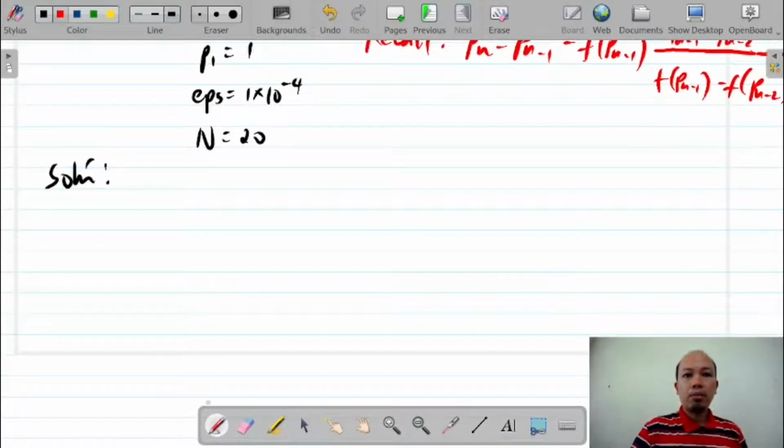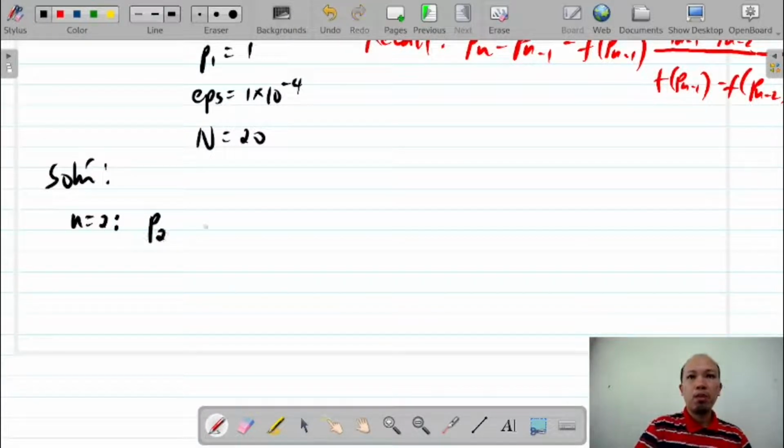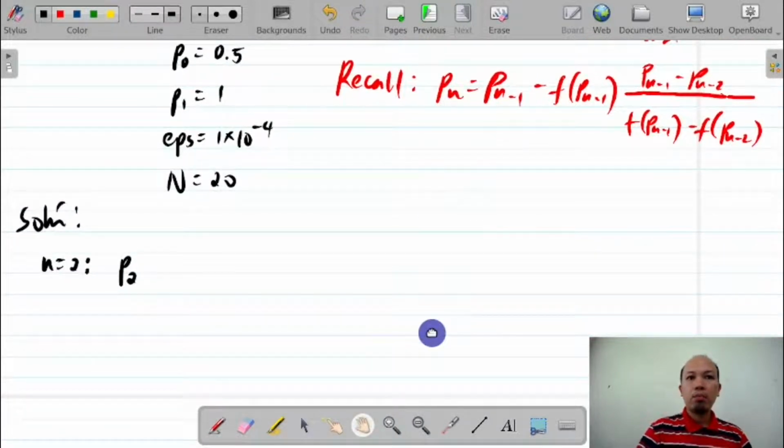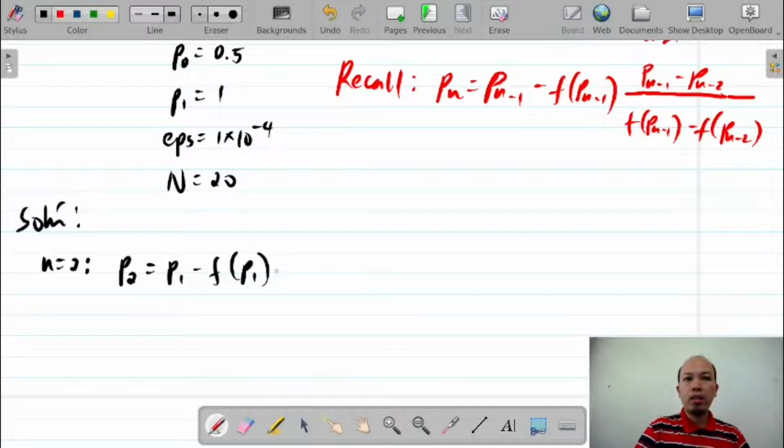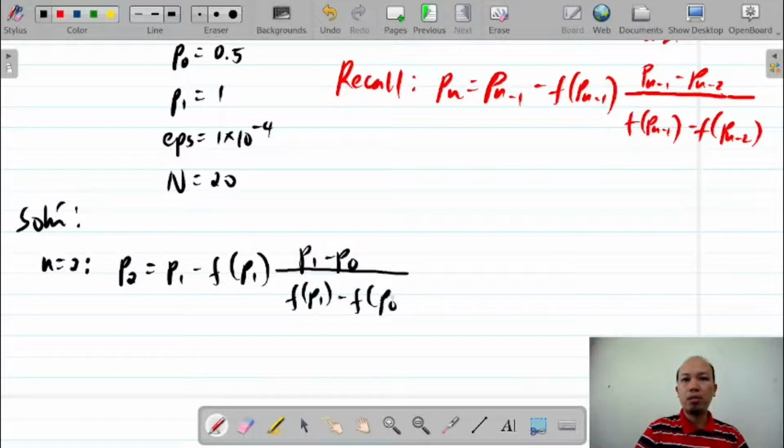So let's have n equal to 2. We have p sub 2. Just substitute into the formula, with n equal to 2. So p sub 2 is equal to p sub 1 minus f of p sub 1 times the quantity p sub 1 minus p sub 0, over f of p sub 1 minus f of p sub 0.